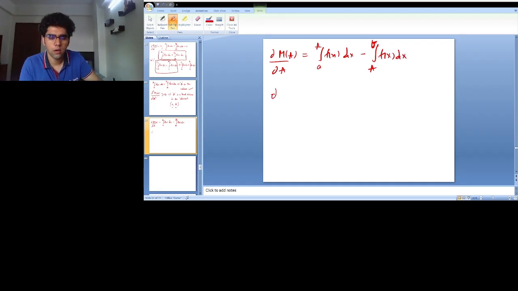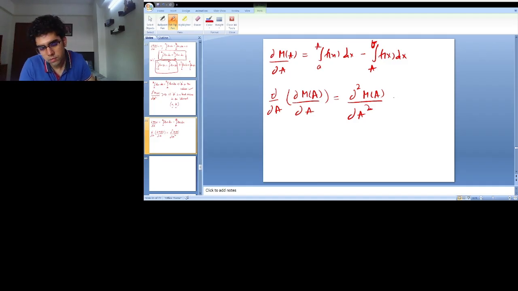And I need to find the second derivative, so del by del A of M(A) by del A, so this becomes del square M(A) by del A square, or del A whole square. So now this was equal to 0, right?